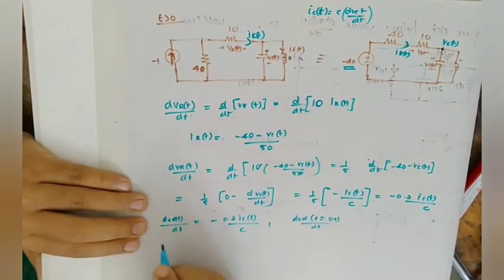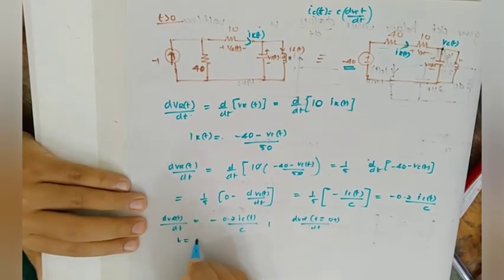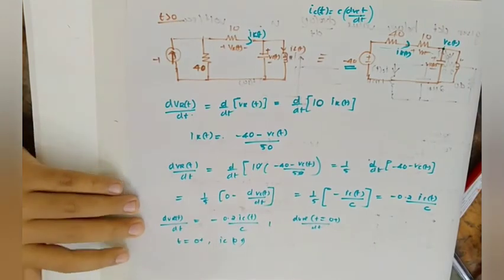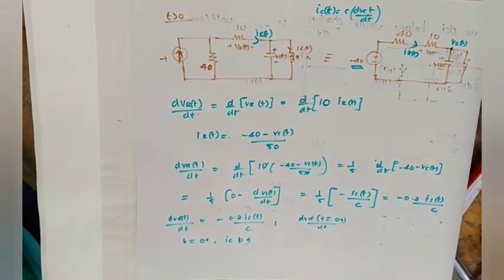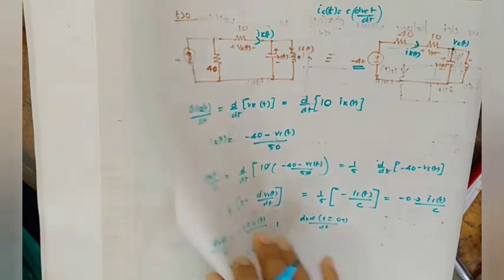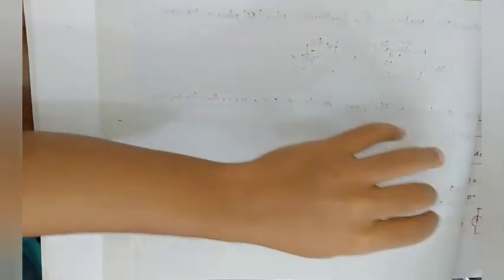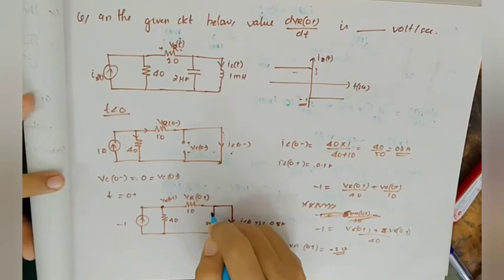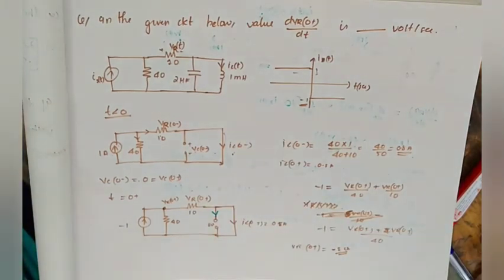Okay, so for t equal to 0 plus, what is IC of 0 plus? We'll have to come back to this circuit and we'll see what is IC of 0 plus. Okay, current flowing over here.